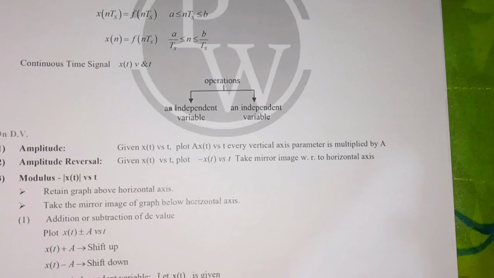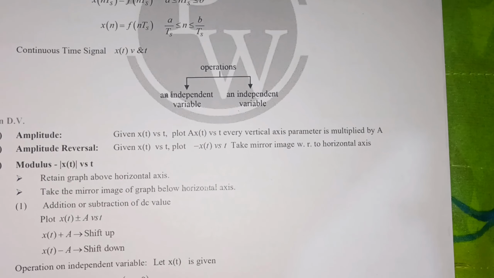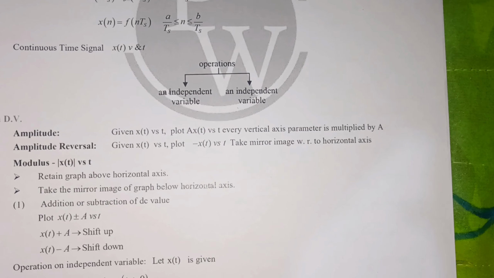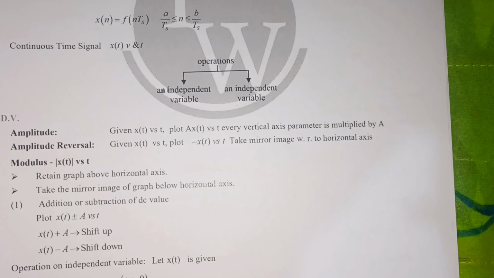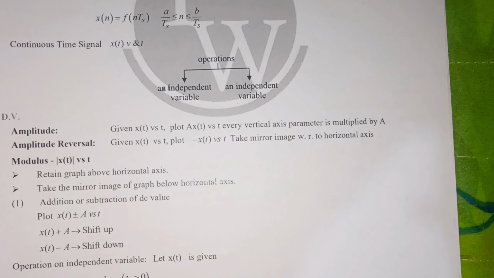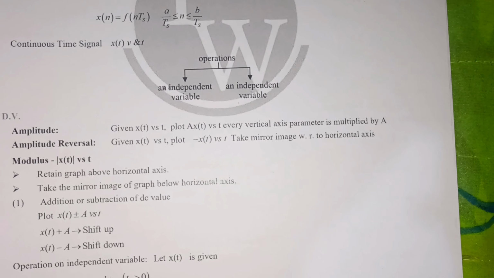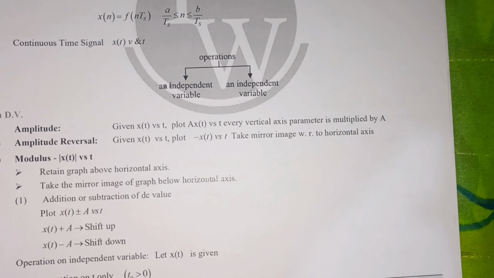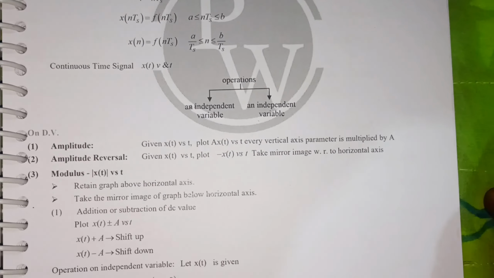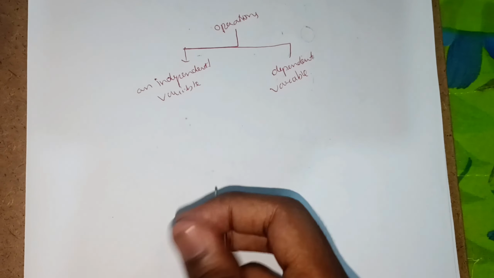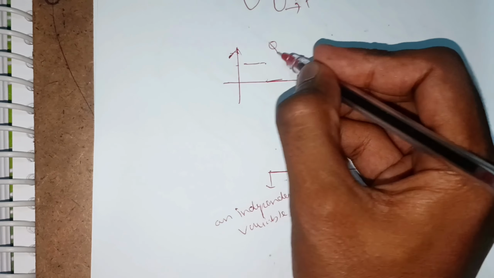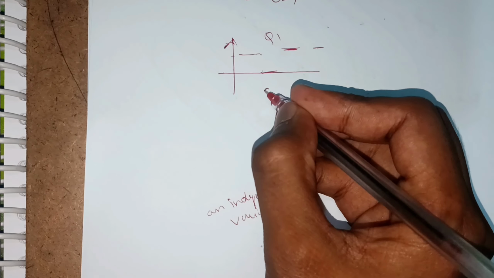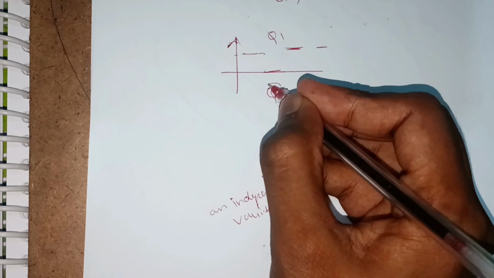So next, amplitude reversal. Amplitude reversal means what? If the function has a positive sign, it is reversed into a negative sign. So take the mirror image with respect to the horizontal axis. So here is the explanation. If here is a time signal in the positive quadrant q1, this is the negative quadrant q2.